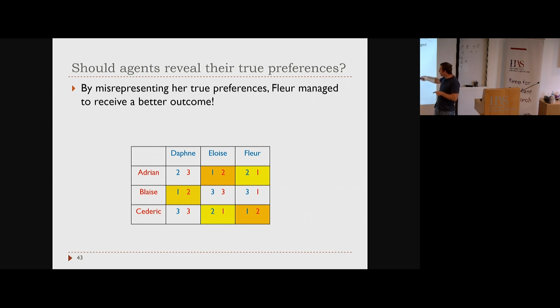Then she needs to know that once Edwin proposes to Eloise, Eloise prefers Edwin to Cedric, because if she doesn't, then Edwin would go to Daphne, and again she would get stuck with Blaise. And she needs to know that once Cedric is rejected, he would go to her and not to Daphne, because again, then she would get stuck with Blaise. So she needed to know a lot about Edwin, about Eloise, and about Cedric in order to profitably deviate.